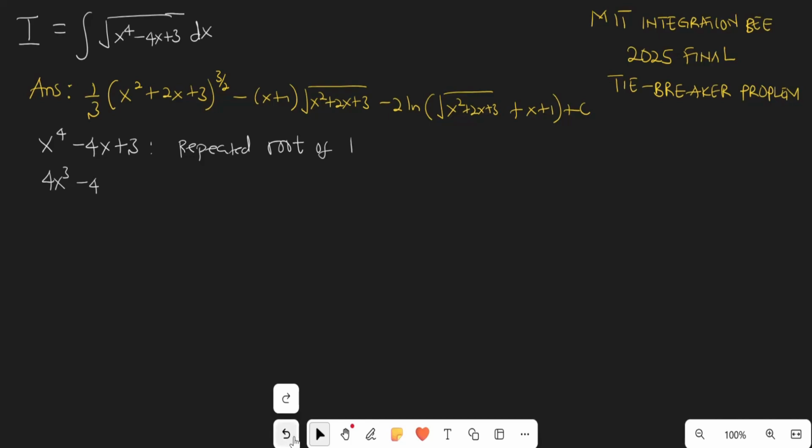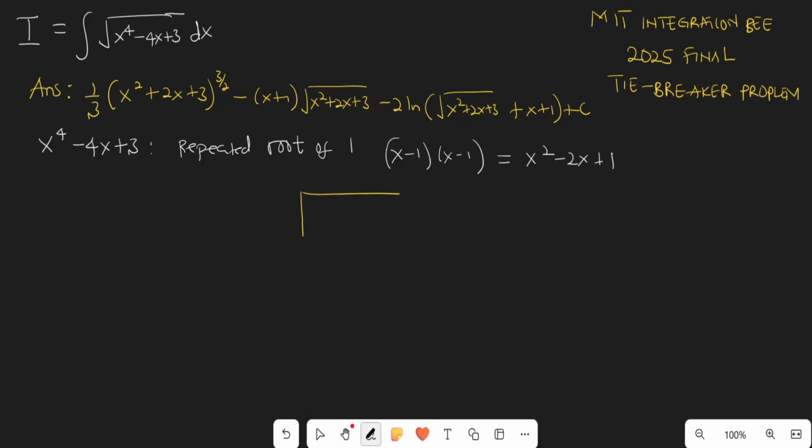So since 1 is a repeated root of this polynomial, it implies that x minus 1 multiplied by x minus 1 is a factor of this polynomial. And that gives you x squared minus 2x plus 1. So this is a factor of this polynomial. In order to get the other polynomial, we have to do a polynomial long division, right?